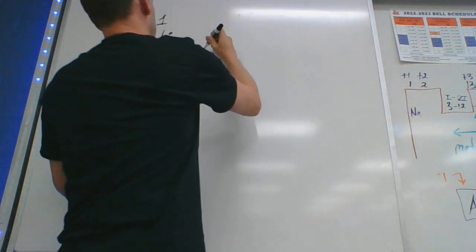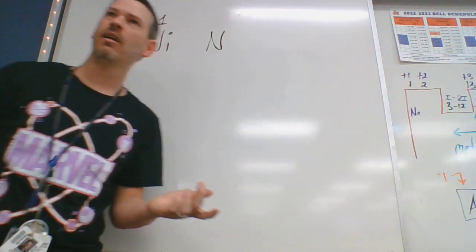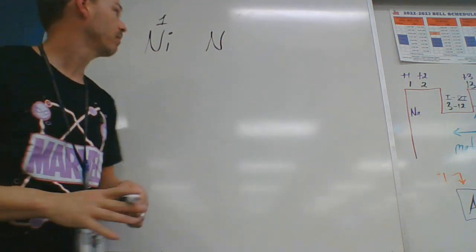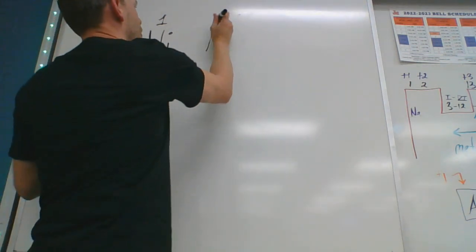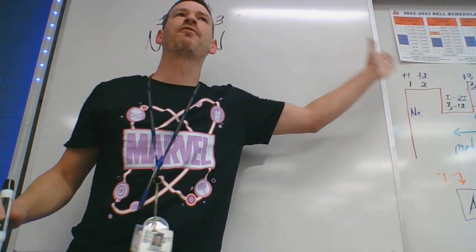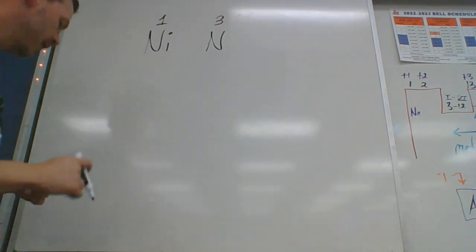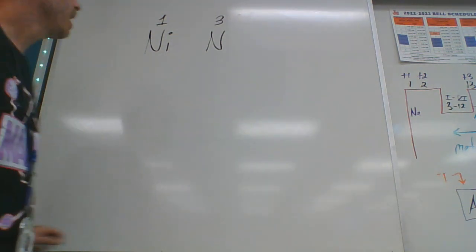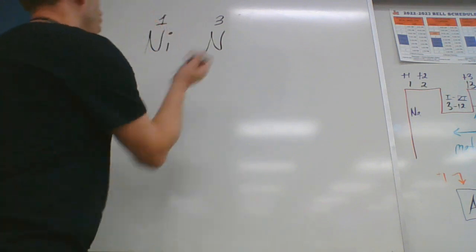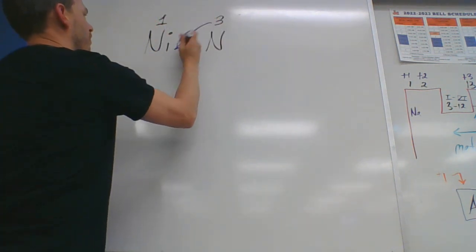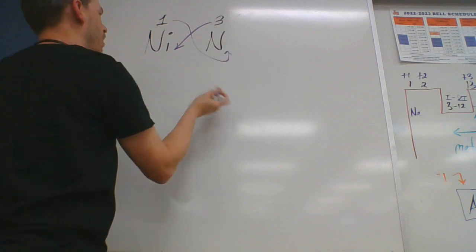Nitride is really just nitrogen ending in "ide" because it's bonded. What is nitrogen's oxidation state? -3 from group 15. Can I cross those numbers as is? Yep, 1 and 3 cannot be reduced to any other smaller whole numbers. So the 3 goes there, the 1 goes there.